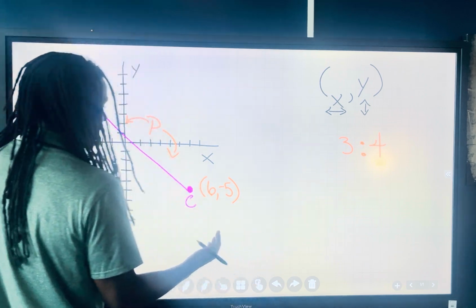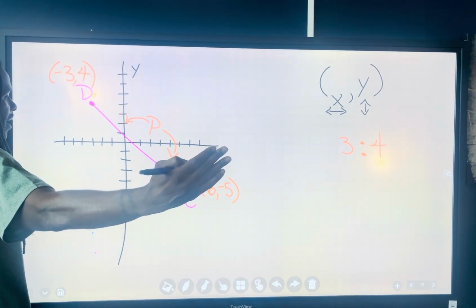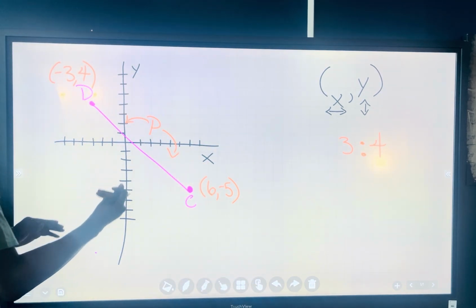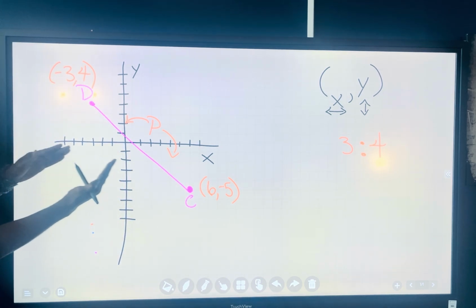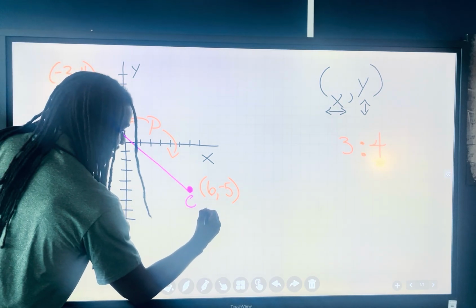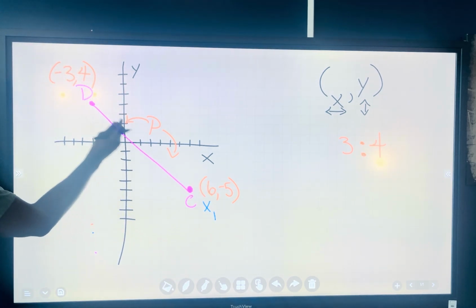If I'm on the X side, the way that you should go about it when y'all do this, go ahead and label your points. It does not matter which one you do first. Remember I told y'all DC and CD is the same. But if you start at D, you got to make C different. If you start at C, you got to make D different. So if y'all want to go from D to C or C to D? C to D. So if I go from C to D, then X1 is going to be 6.